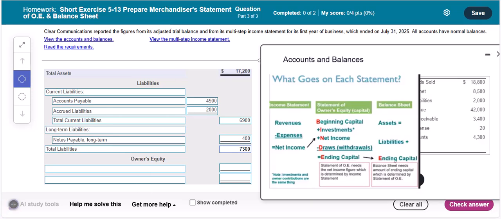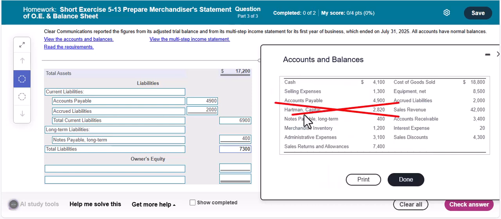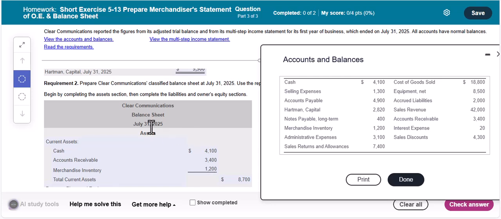So taking a peek at our cheat sheet, the balance sheet formula is assets equals liabilities plus ending capital. So we can't use this capital given to us here in the accounts and balances because this is capital at the beginning of the period. Remember, this is the balance sheet for 2025.